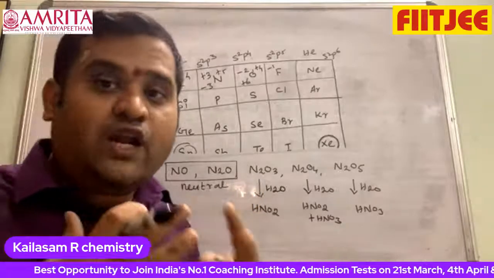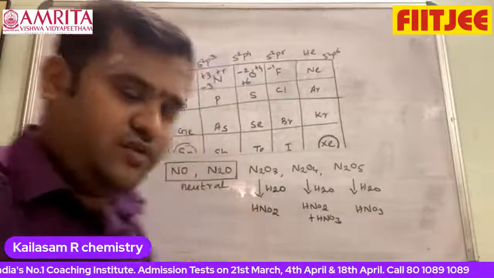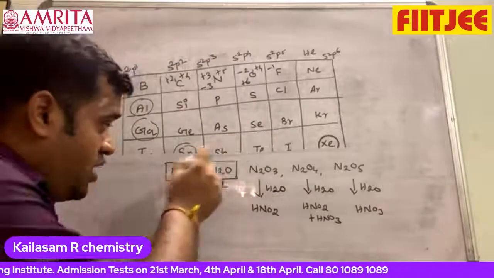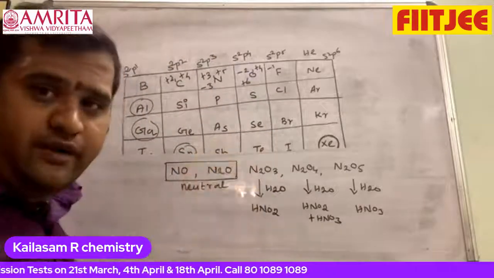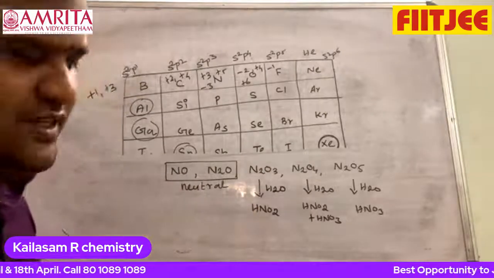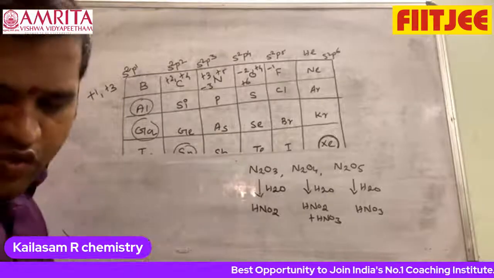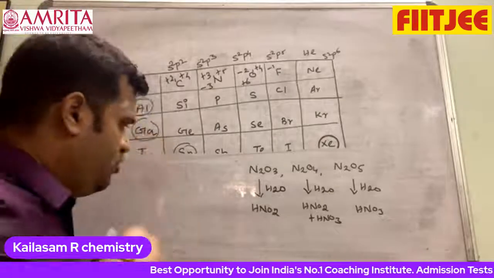But how to find out, sir? Listen carefully. These two are neutral oxides. Now, how to know the acid based on the structure? I'll tell you the structure. There are many structures. First, I will go with this.